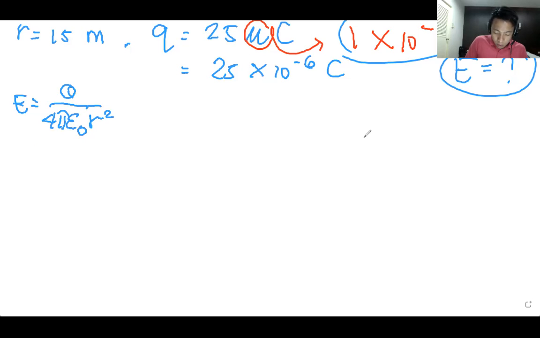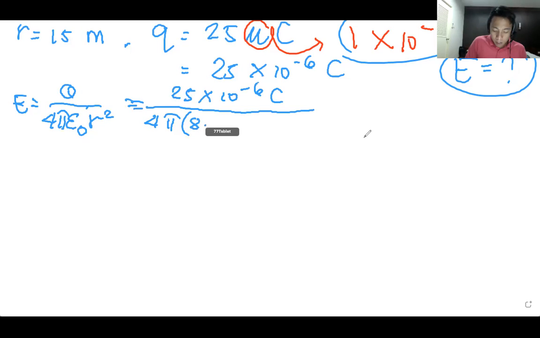Let us put every given here. Q is 25 by 10 raised to negative 6 coulombs all over 4 pi. Our epsilon is 8.85 by 10 raised to negative 12.